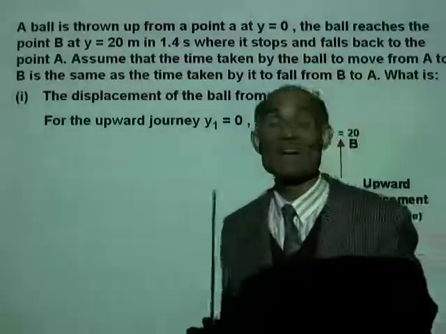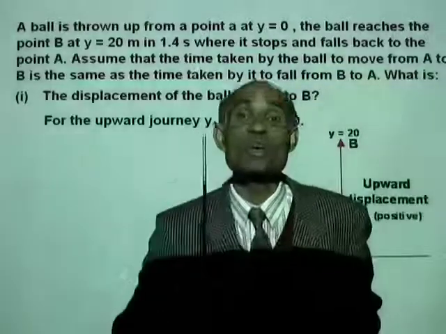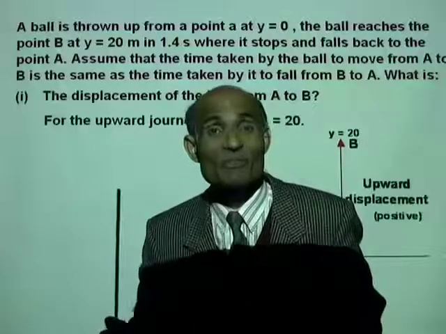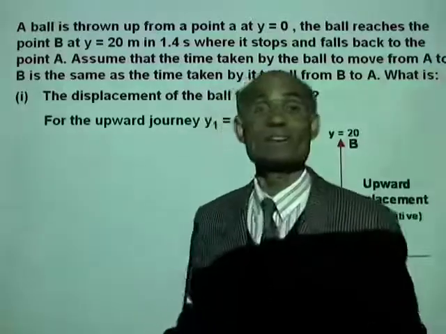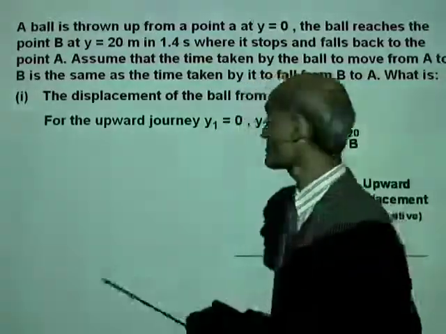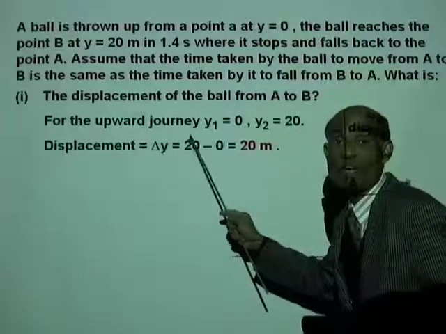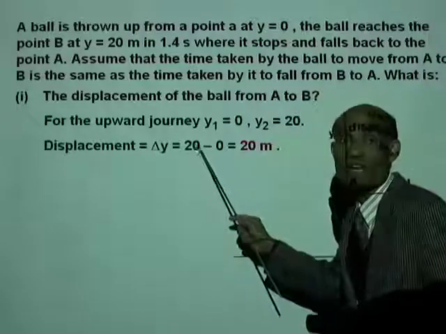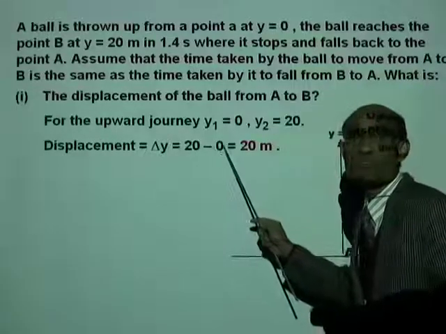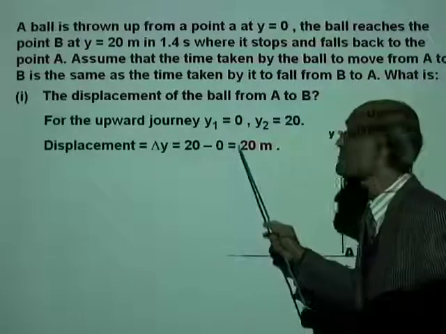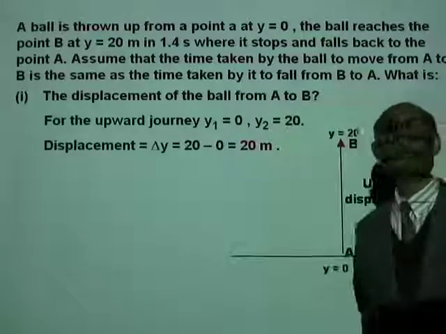You notice here that because the motion is vertical, in place of x, we are now using y for the position function. Therefore, displacement delta y is final position y2 minus initial position y1. 20 minus 0, that is 20 meter.